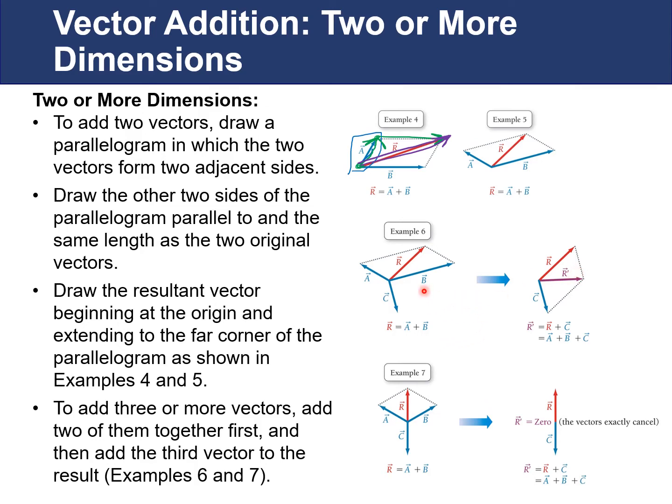So if we wanted to take A plus B plus C, a good method is to first add A and B together, getting R, this R here, and then take that R vector and add to that the C vector. So essentially, make your first parallelogram, collect the vector, then make another parallelogram using the resulting vector and the third vector that you wanted to add together.